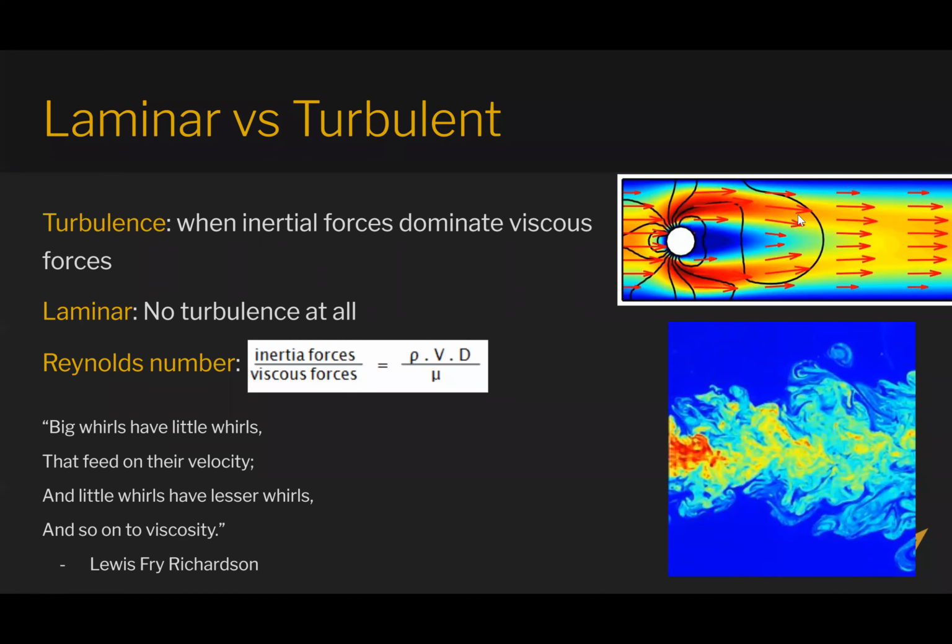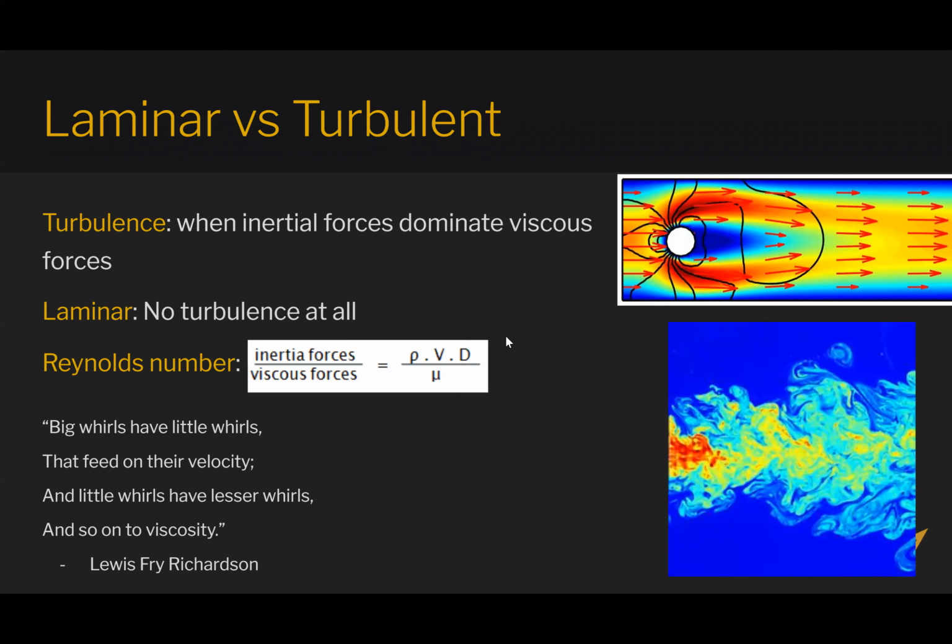What holds the fluid together, and is this motion stronger than what holds the fluid together? If it is larger by a significant margin, like if this Reynolds number is in the thousands or 10,000s, it'll become turbulent.